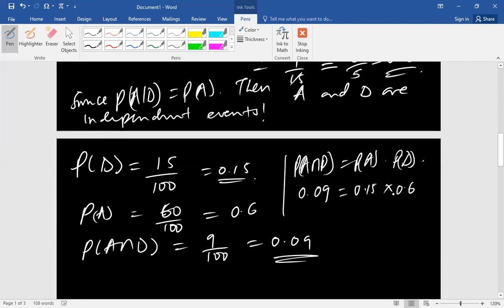So 0.15 times 0.6 is giving us the same 0.09, which means that the events are independent. So the events are really independent.